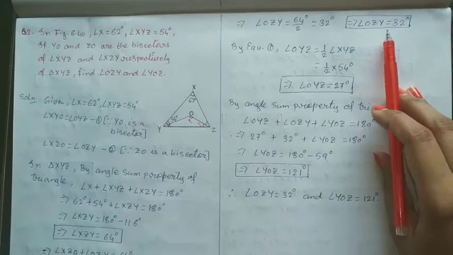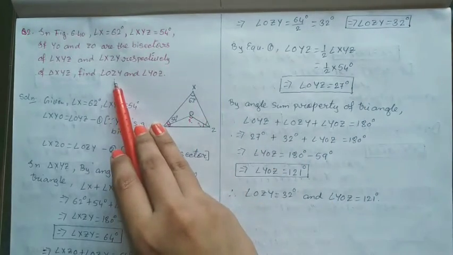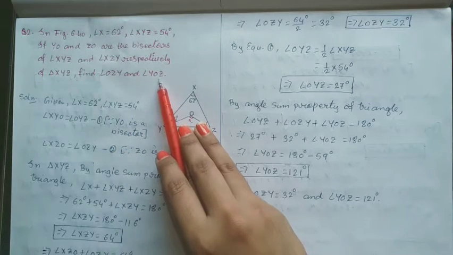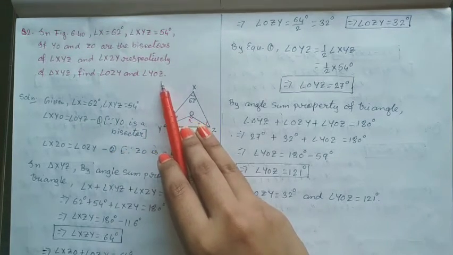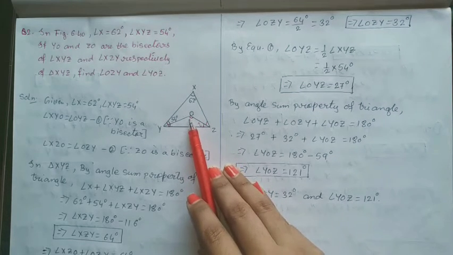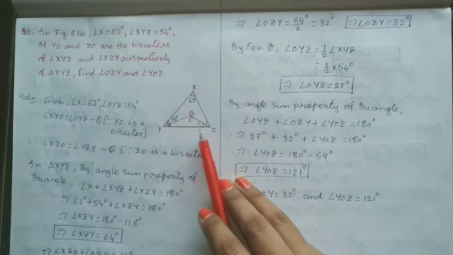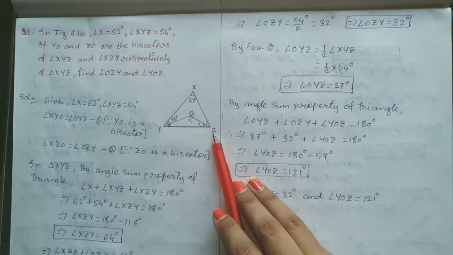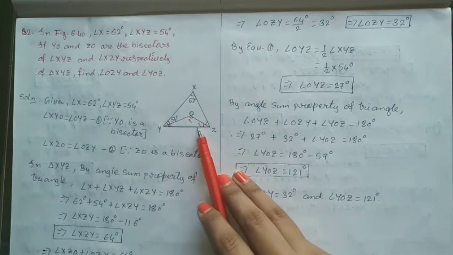After we get this value, this is one value that we have obtained. Next we have to find out the value of YOZ. YOZ is right over here. To find out the value of this particular angle, as OYZ is also a triangle, we need the value of the other two angles as well.